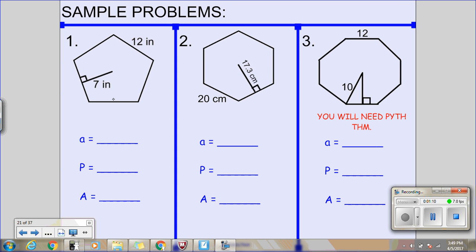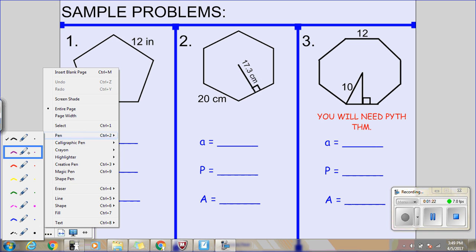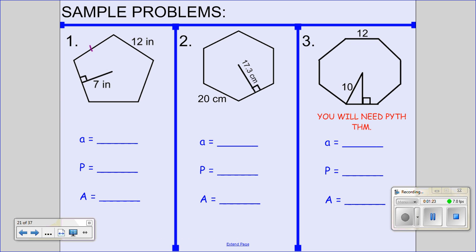So for number 1, we have a regular, I believe it's a pentagon. There's 1, 2, 3, 4, 5. Yes, it's a pentagon, and we need to find the area.